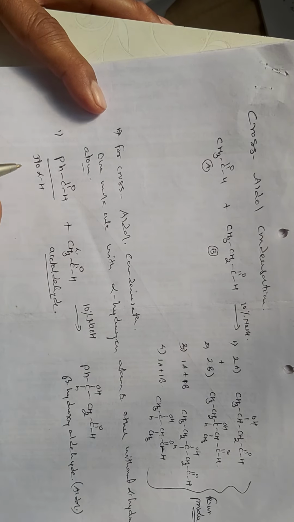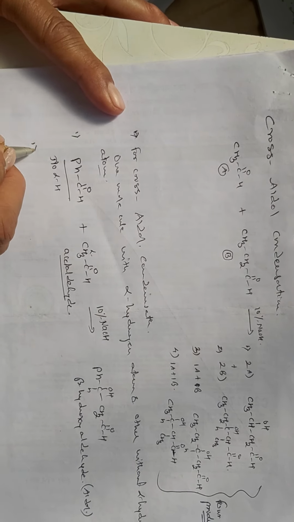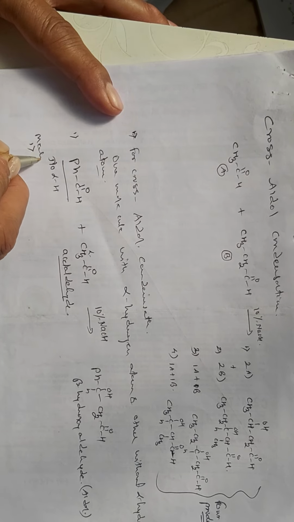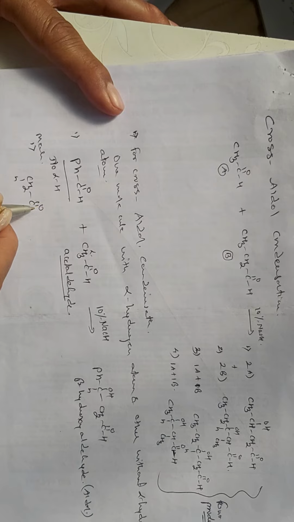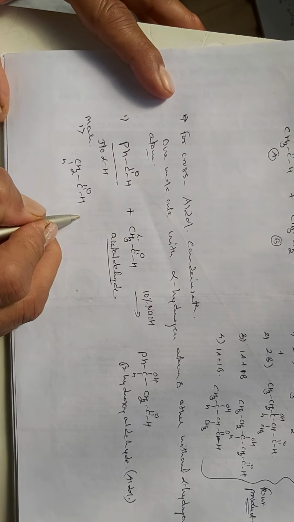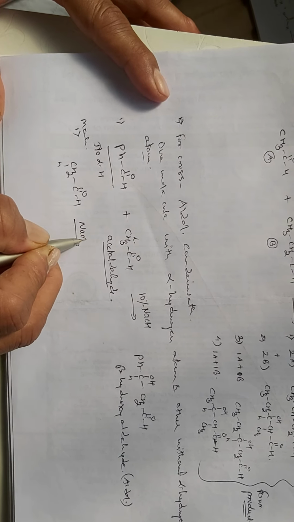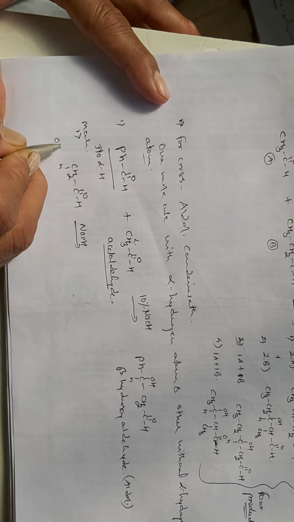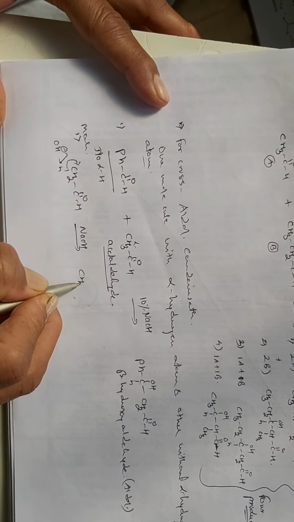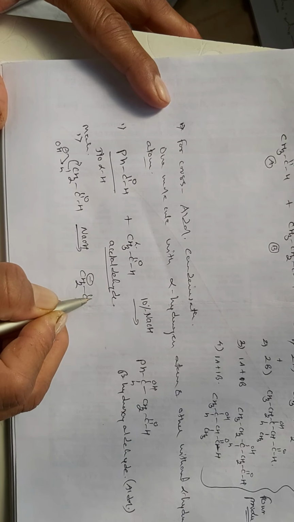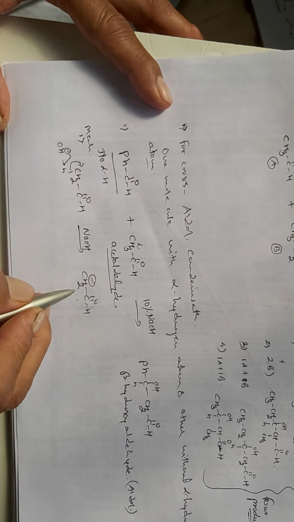The simple mechanism: in the first step, CH3CHO reacts with NaOH, the OH minus abstracts a proton, and you get a carbanion, that is CH2 minus CHO.